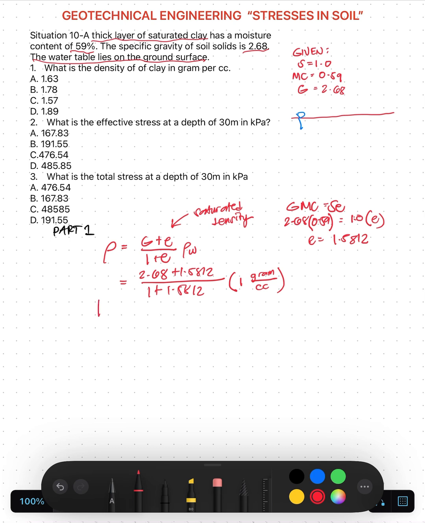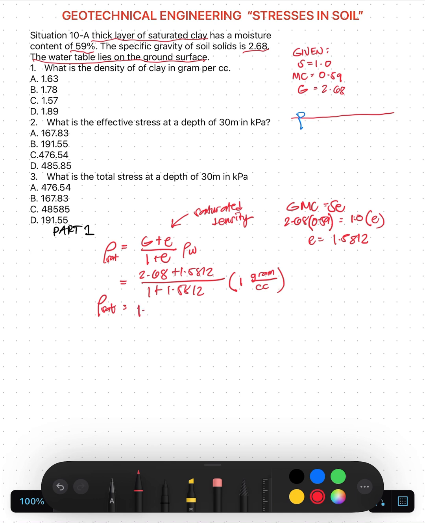So rho, therefore the saturated density, is equal to 2.68 plus 1.5812 over 1 plus 1.5812 times 1.